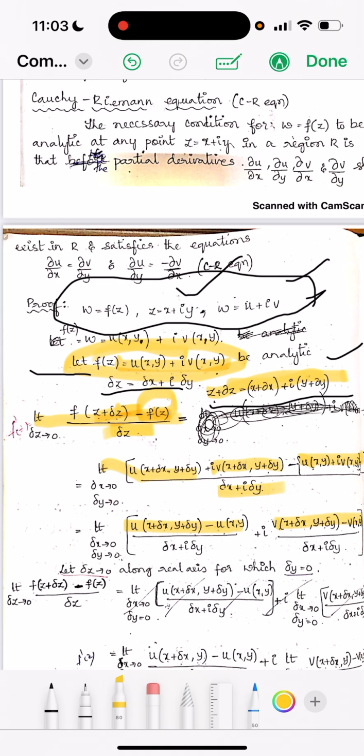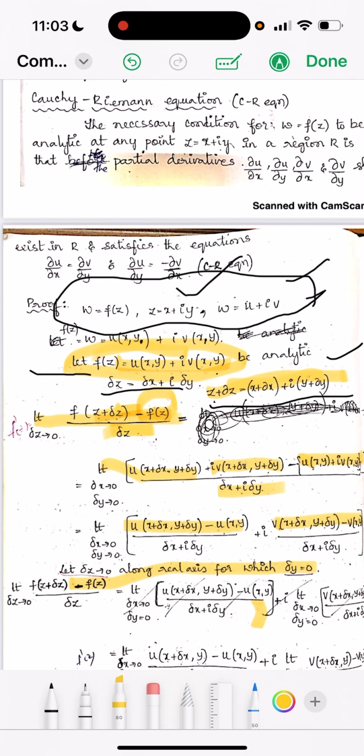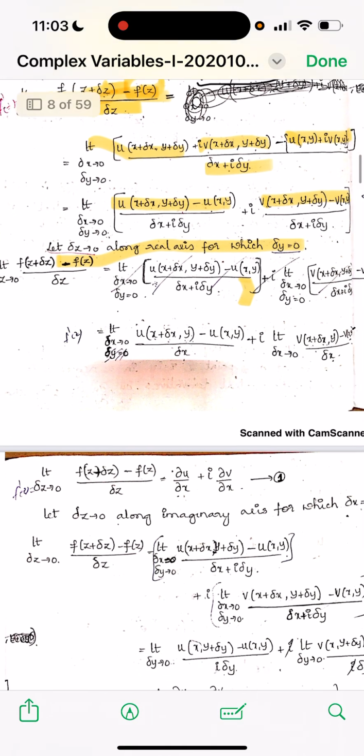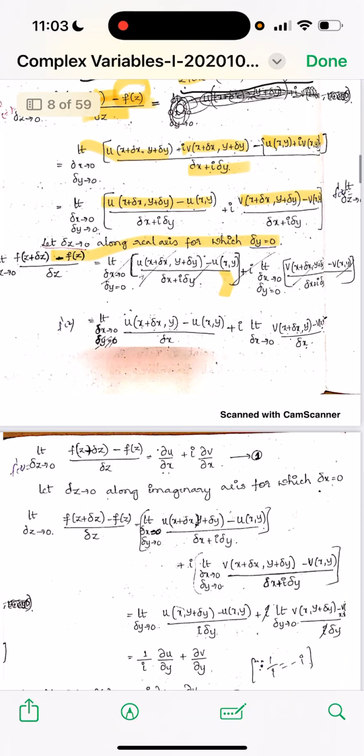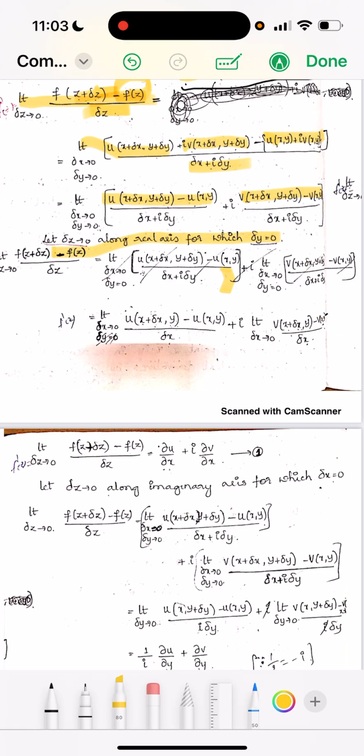Once you're clear up to this, we will make δz equal to 0. Then we have to do the necessary calculation here. The meaning is, just write down the same step again, whatever you get here.